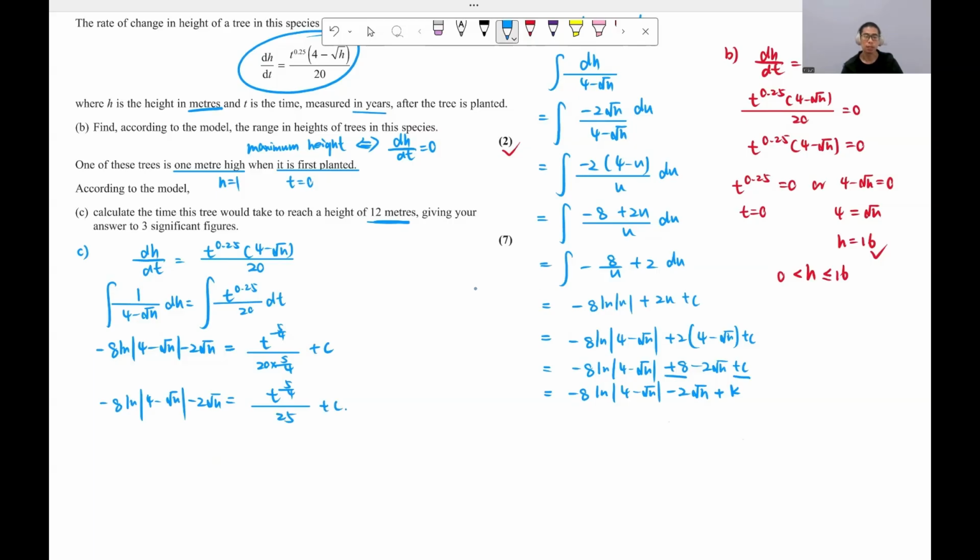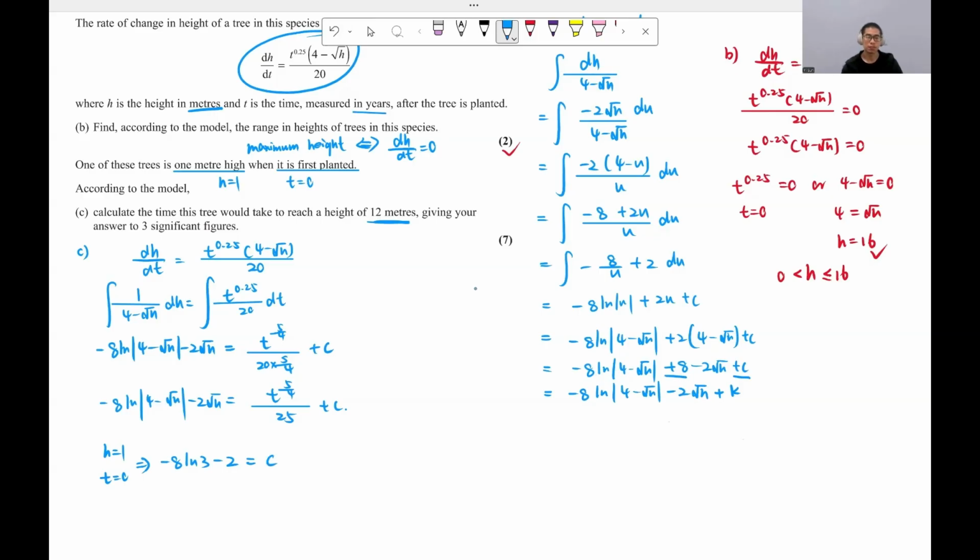And now we need to substitute the conditions. When h equals 1, t equals 0. So substitute that in. That would be -8 ln of (4 minus root 1). Root 1 is 1, 4 minus 1 is 3, so ln 3. And then minus 2 times root 1, which is just 2 times 1, so 2. And that's equal to 0 to the power anything, which is 0, and 0 divided by anything is 0, so just 0 plus c, which is just c.